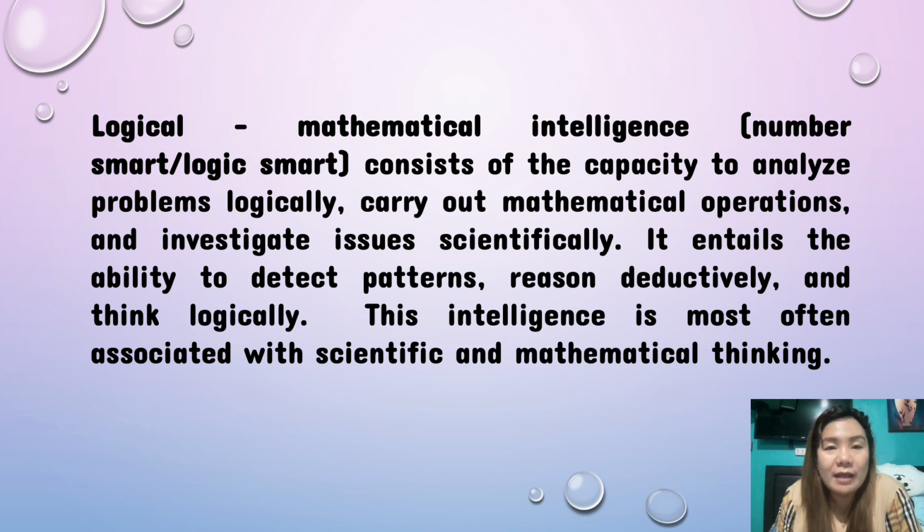Everything is based on science and reasoning. No? It entails the ability to detect patterns, reason deductively, and think logically. This intelligence is most often associated with scientific and mathematical thinking. So, as I've said a while back, this is the capability or the intelligence that the mathematician or scientist possesses.